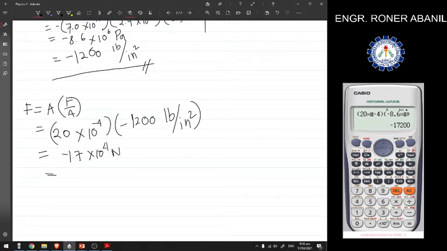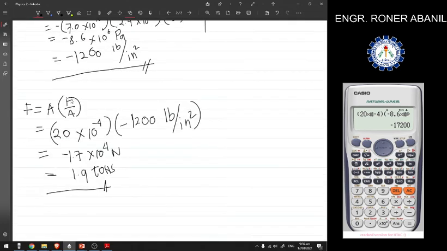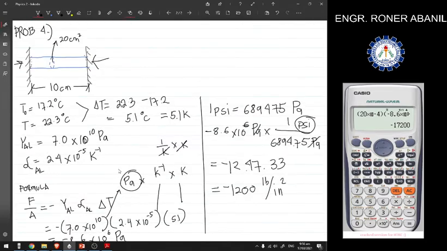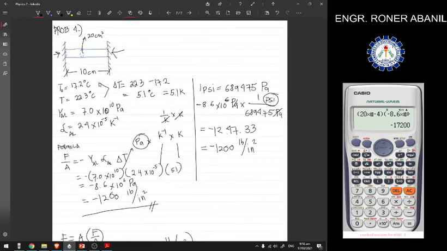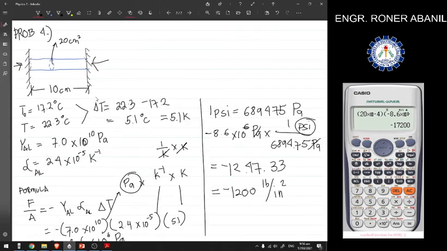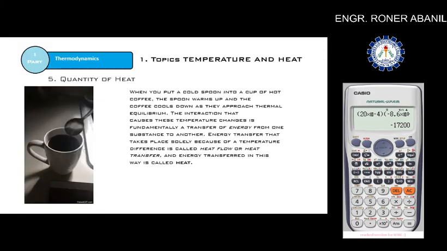Or equivalent niyan is 1.9 tons. So, negative means papasok yung force. Okay? So, this is our answer doon sa pangalawang tanong doon sa example number 4. Sa presentation. Okay na 'yan.